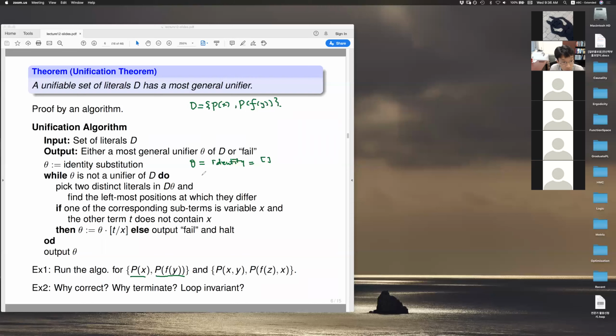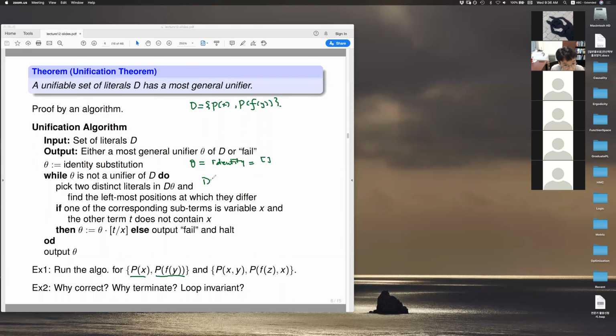But if you don't do anything on D, it is not a singleton set, so this identity substitution is not a unifier for D. So we go into the loop. And now we try to pick two distinct literals in D theta.